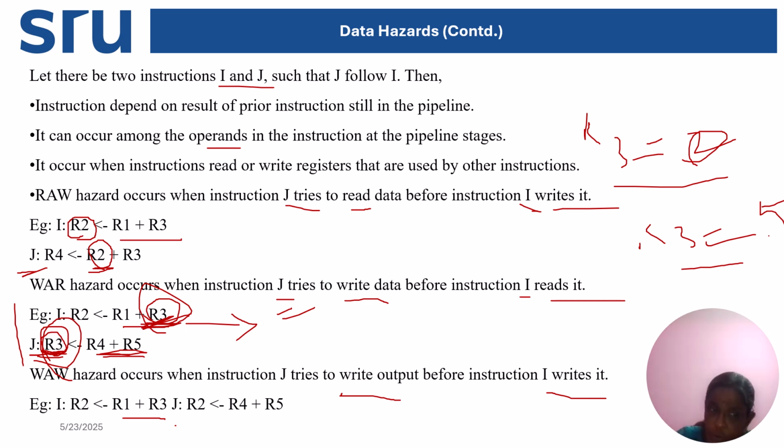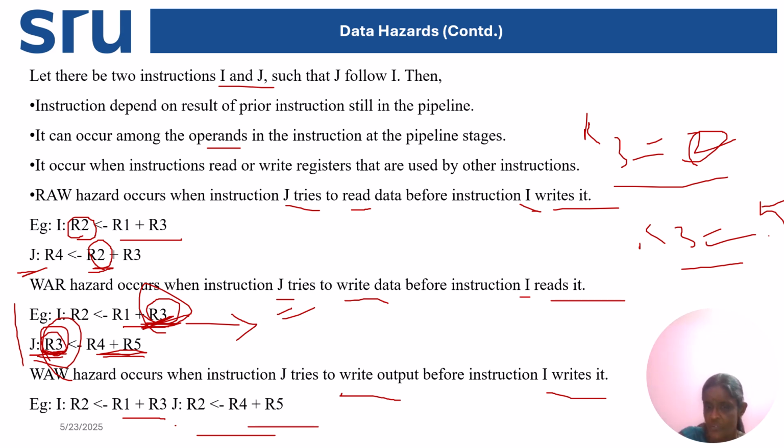Suppose J's R2 is performed first, then whatever the R2 value will be different, and what you are reading in the I instruction R2 will be different. But first you need to have the R2 value equal to R1 plus R3 only, not R4 plus R5.